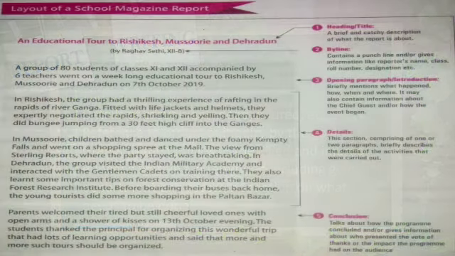Now let's see the layout of a school magazine report. So suppose the title of the report is An Educational Tour to Rishikesh, Mussoorie and Dehradun. So this will be the heading or title. Basically the title or heading must be a brief and catchy description of what the report is about.